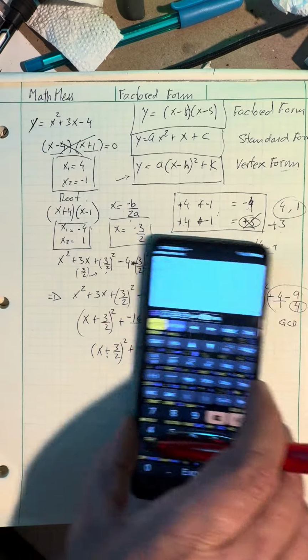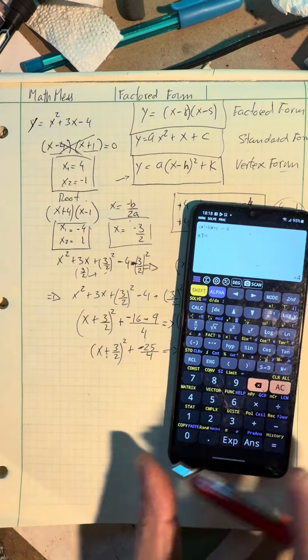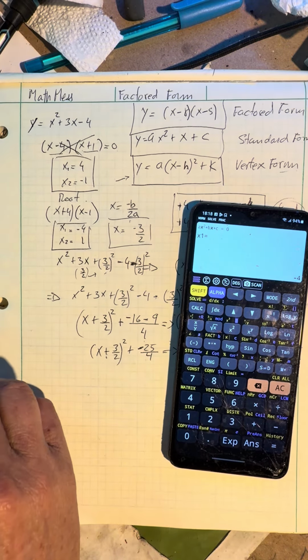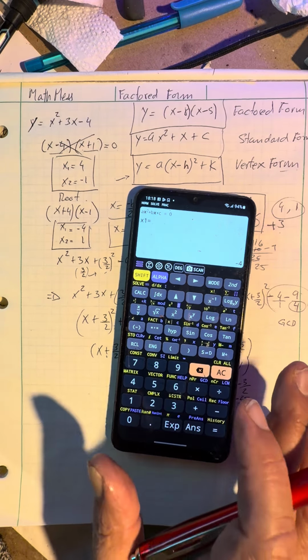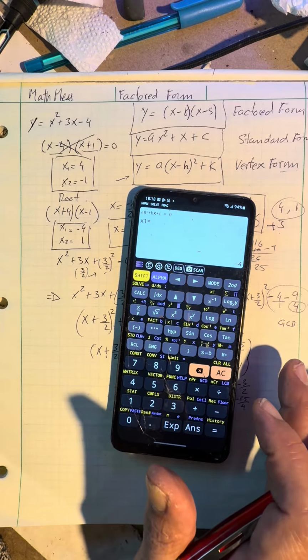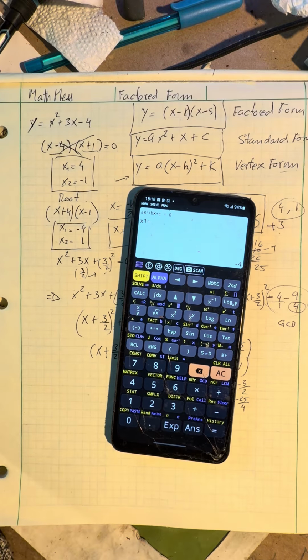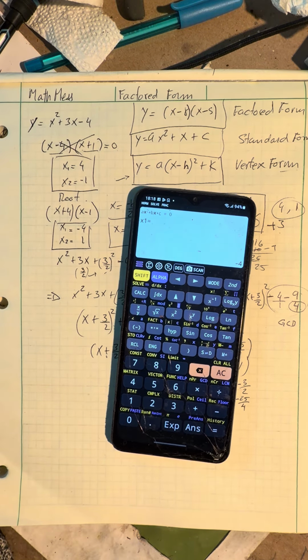Yeah. That's why it's nice to have a handy dandy calculator, you know. You'll probably not be allowed to use this in a test because it's way too strong, you know.